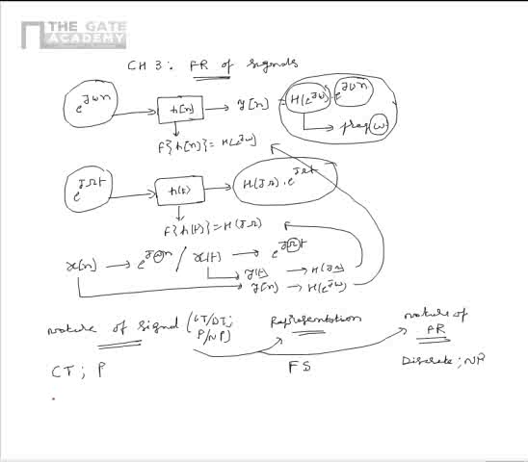Now, let us consider a discrete time periodic signal. Here we see that its frequency domain representation can be given by the discrete time Fourier series, and also note that the representation, that is DTFS, is discrete and periodic.